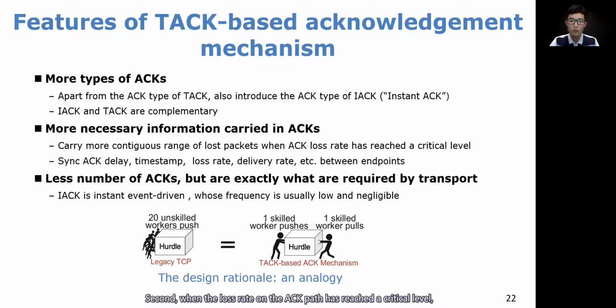Second, when the loss rate on the ACK path has reached a critical level, TACK should carry more information such as continuous ranges of lost packets or received packets. With more types of ACKs and more necessary information carried in ACKs, the TACK-based acknowledgement mechanism is therefore able to send fewer ACKs, but exactly what is required by transport.